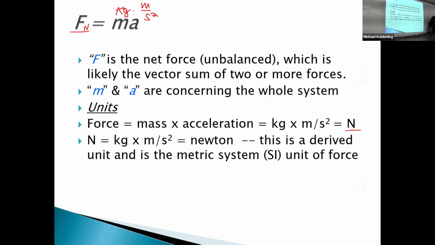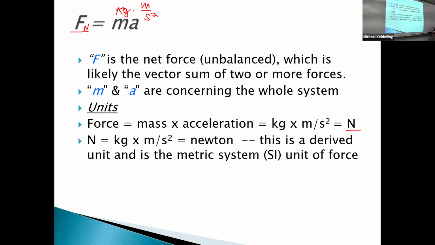So force is the net force, the total force, which is likely the sum of 2 or more forces. Mass and acceleration are concerning the whole system. The units are mass times acceleration, so kilograms times meters per second squared, which we call newtons because no one wants to write out kilogram meters per second squared all the time. This is a derived unit, and it's the metric system's unit of force.